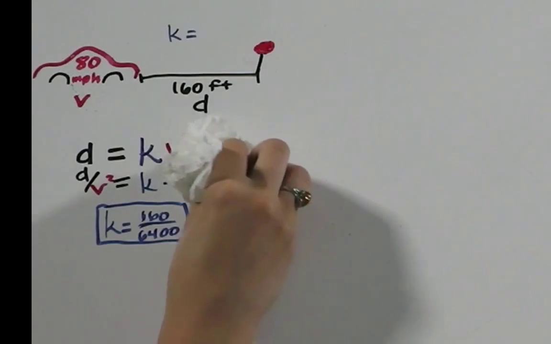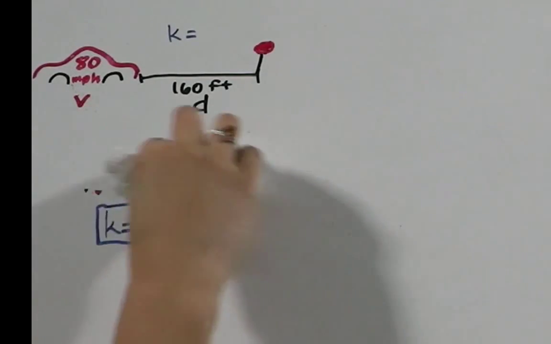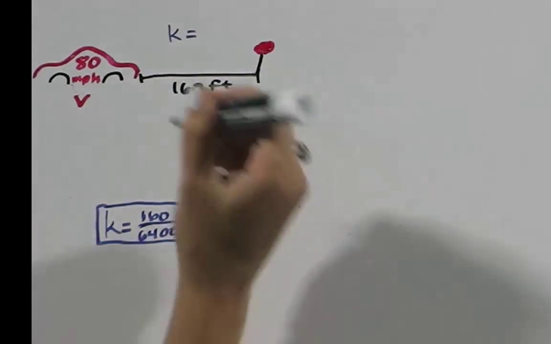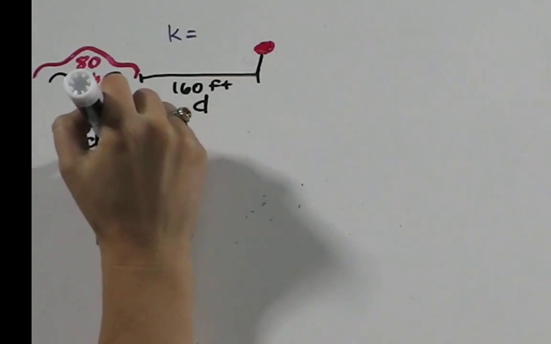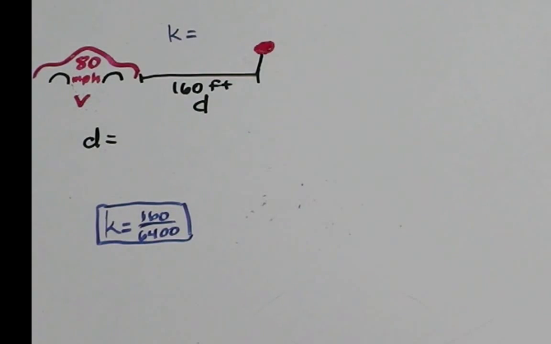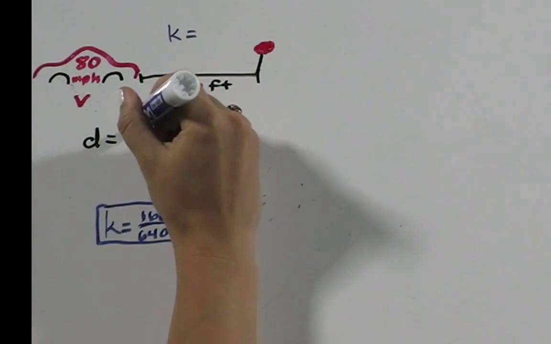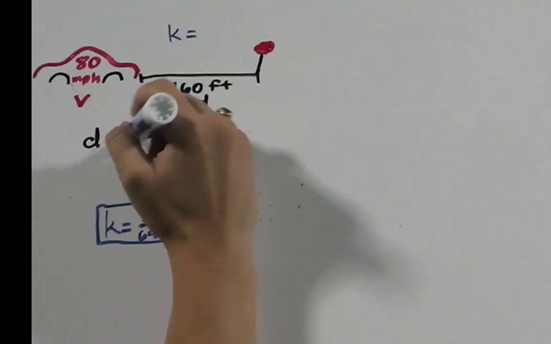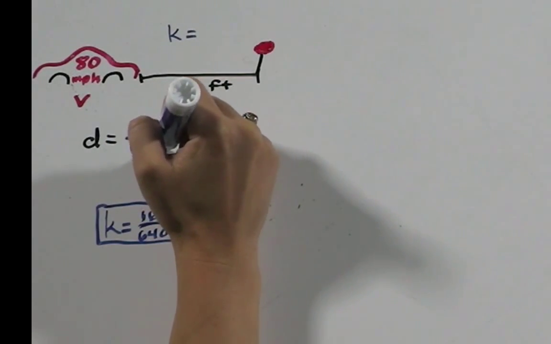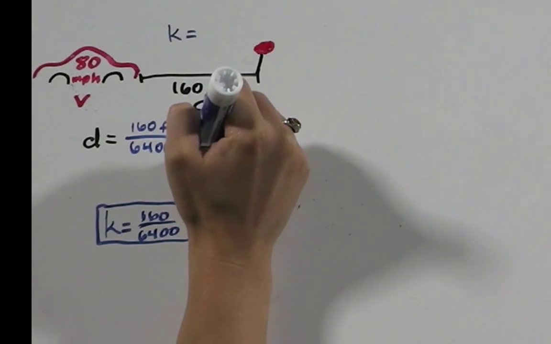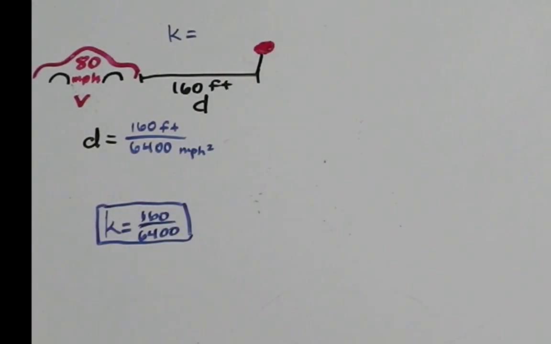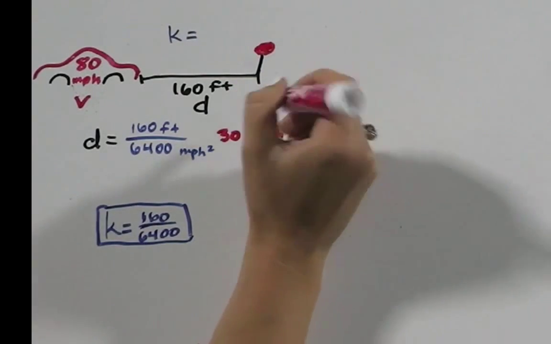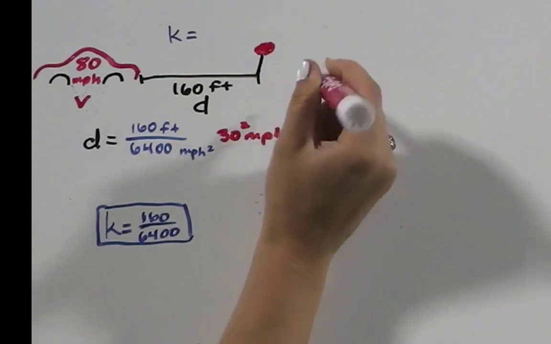Now, if we want to solve how much distance it takes to stop when the car is going 30 miles an hour, that's going to be 160 feet over 6400 miles per hour squared times 30 miles per hour squared.